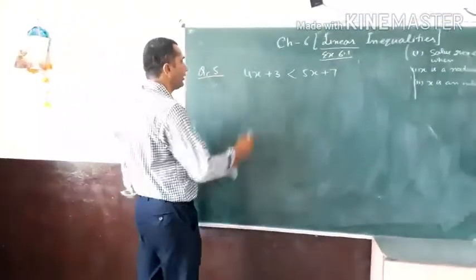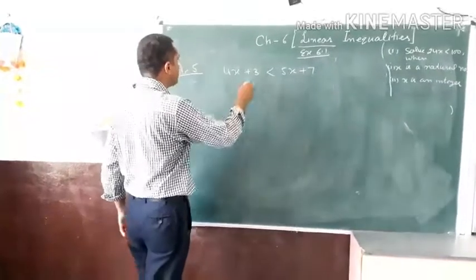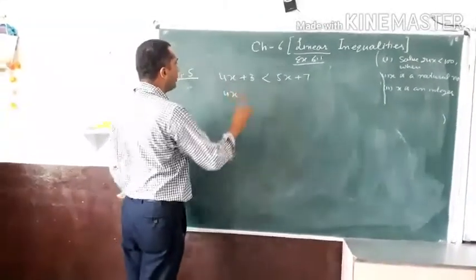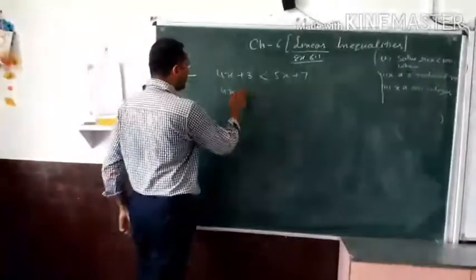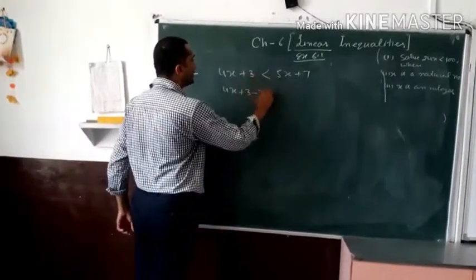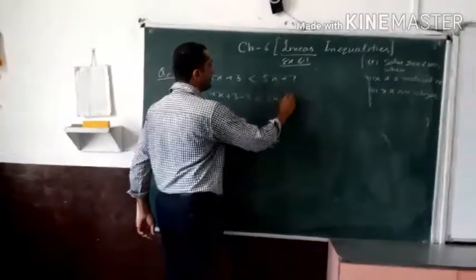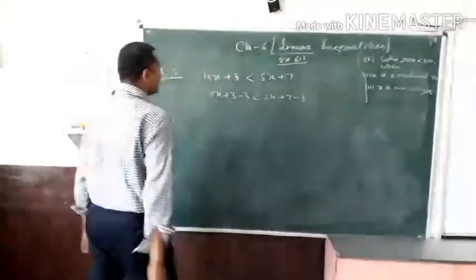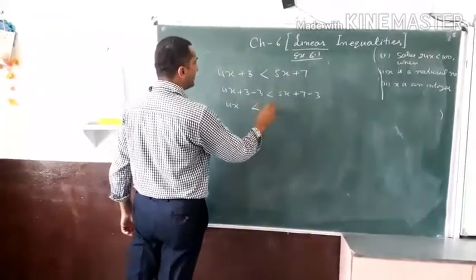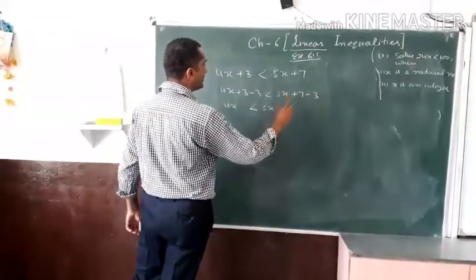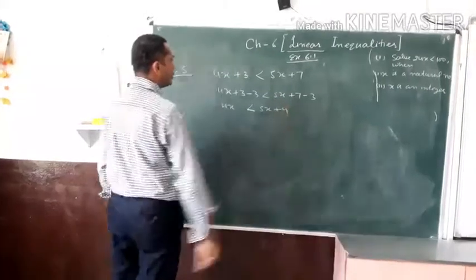So first of all, we will remove these constant numbers: 4x plus 3 minus 3 less than 5x plus 7 minus 3. So it will be 4x less than 5x plus 4.